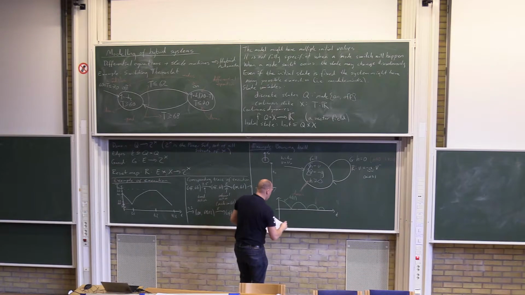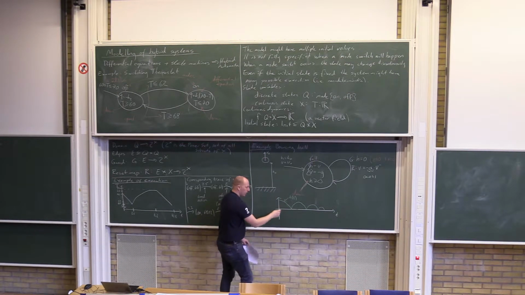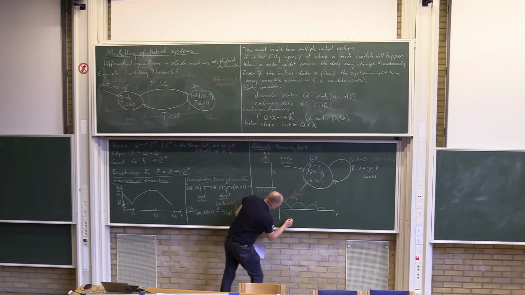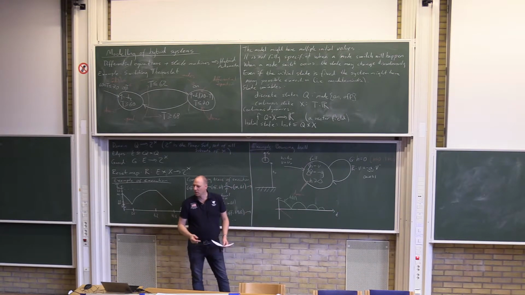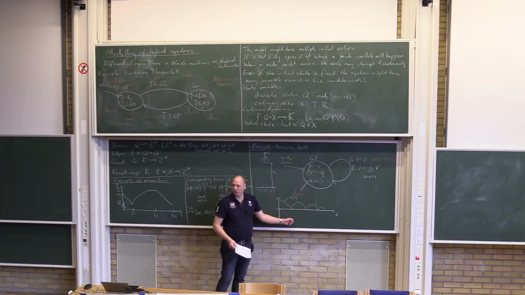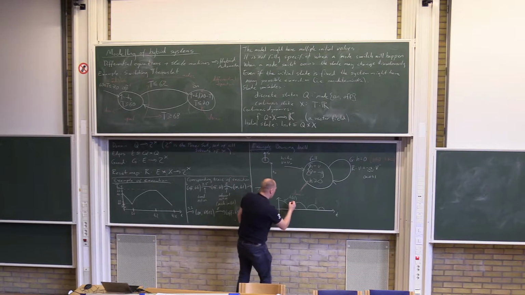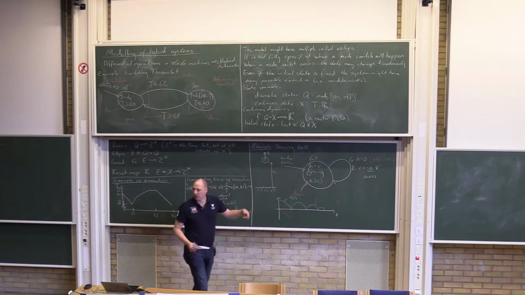If we draw the velocity, what will happen here? We start with negative velocity, and then at this point the velocity will change. It goes from being negative to being positive. So we see here what I talked about, the discontinuity in the reset map.